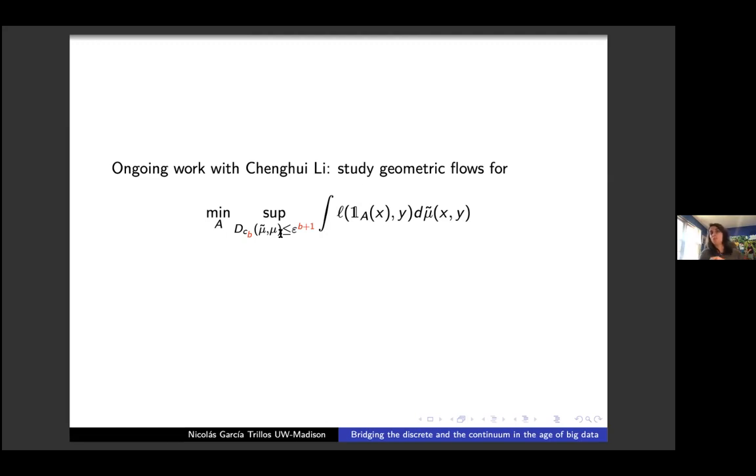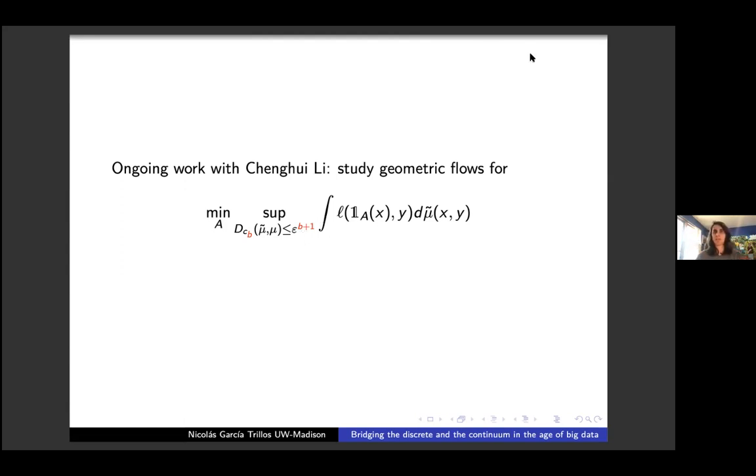The adversary can move some points a little distance and some other points a long distance. So the equations that one should derive here can be quite non-local. In fact, they will have to keep in mind everything that is happening everywhere. They are quite different from the equations that we discussed at the beginning, but at least at a high level, it is the same strategy or the same idea.